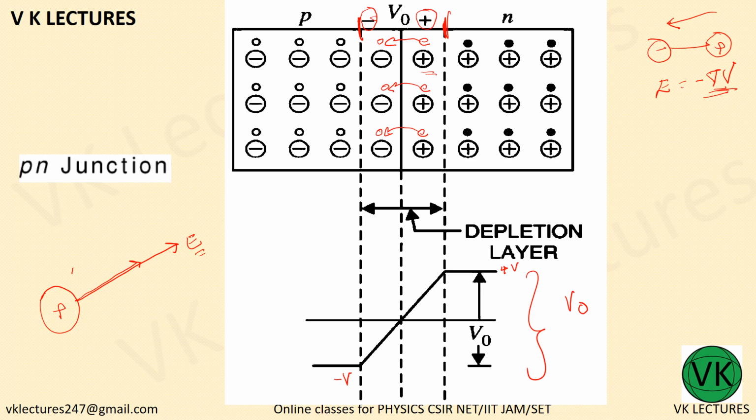Now for example, this electron has to come to occupy this hole. Once it moves from here, it is easy to move up to here, but once it reaches here, this positive charge will be pulling the electron towards it, while this negative charge will be against the coming electron. It will be pushing it away. That means it doesn't have enough energy to cross this barrier. So that V naught is called the barrier potential.